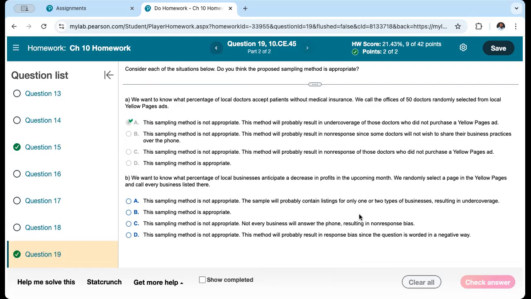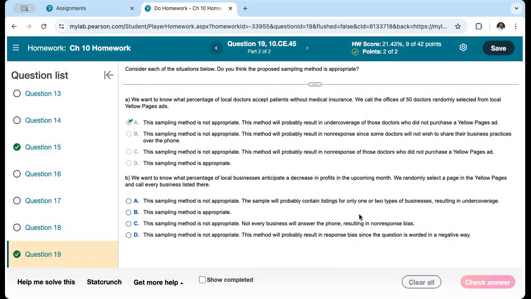But with A, it does just say they randomly select a page from the Yellow Pages and call every business listed there. I don't know how many businesses are on one page of that, but I could see how that would result in undercoverage as well. Okay, so I'm kind of between those two. Anybody else? I think it's A because it says undercoverage and there's nothing about bias within the question, so D is taking it to a different field.